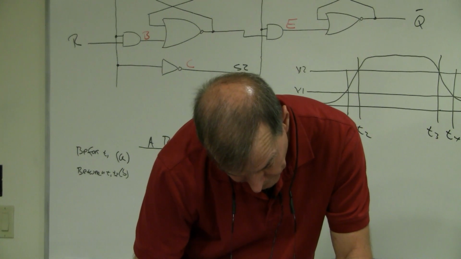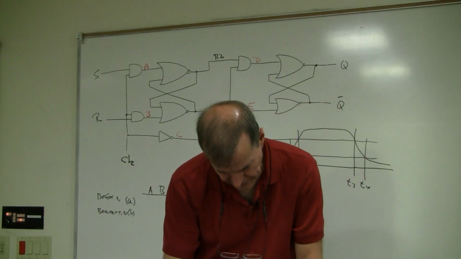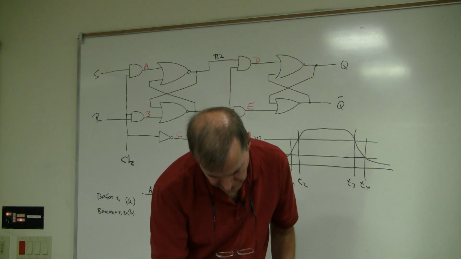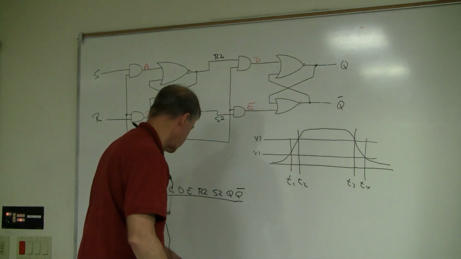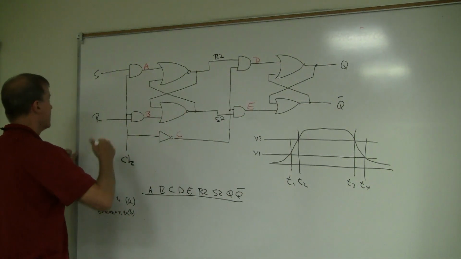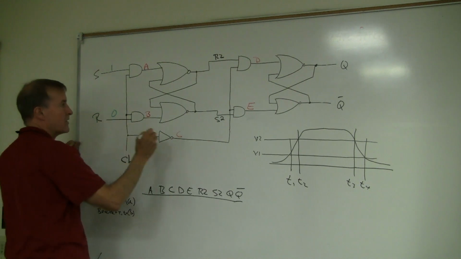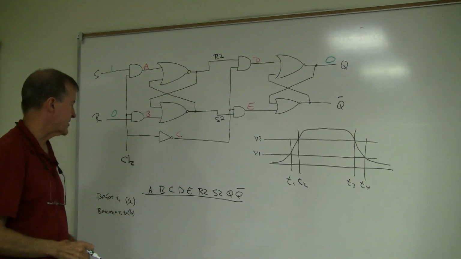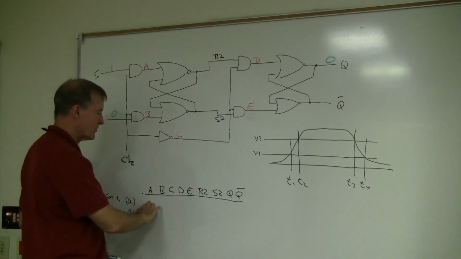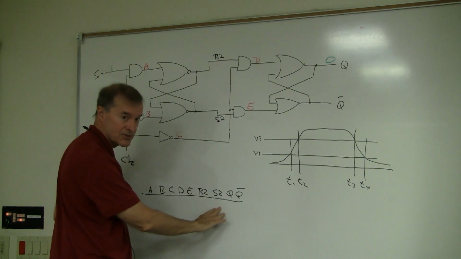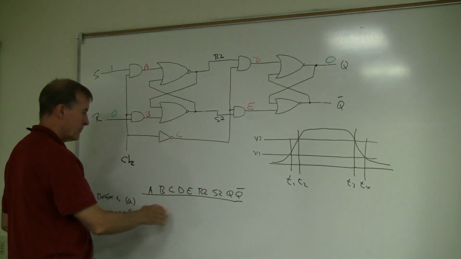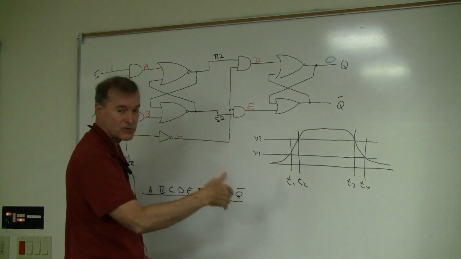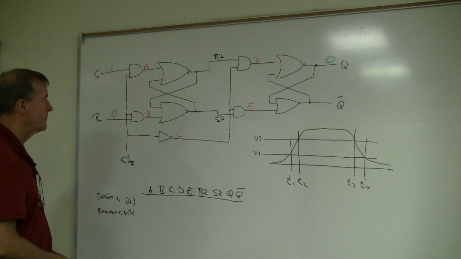Now, what are the initial values? Okay, and so now the problem also says that suppose SR equals 1, 0, and Q equals 0. And then the exercise asks to fill out the values of the signals at each one of these points in the circuit before T1, between T1 and T2, between T2 and T3, between T3 and T4, and after T4. So let's do the first couple just to get you started.